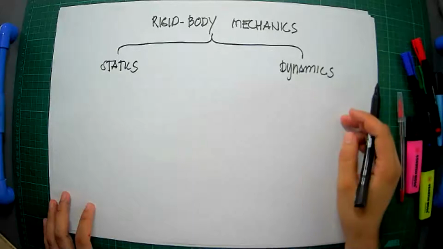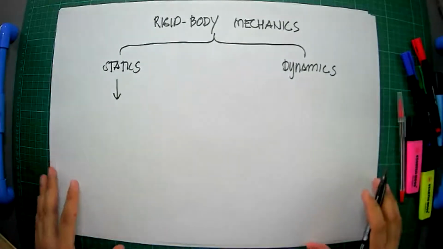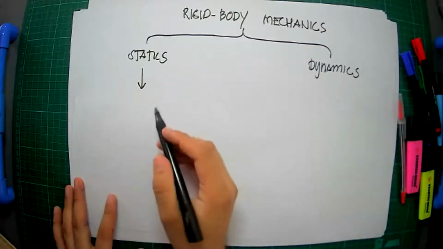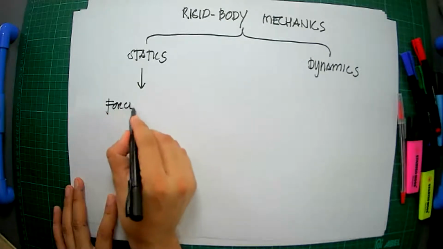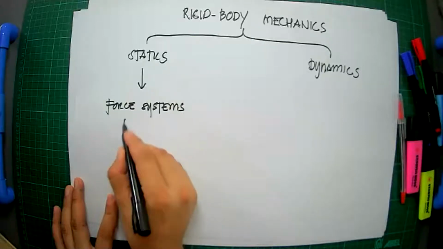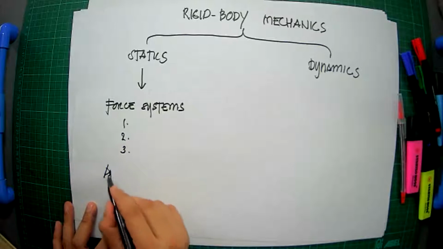So that is statics and dynamics. And under statics, based on my reference, this is by Singer, the author of this, we have to study the different force systems. We have three under that, and we need to study also their applications.